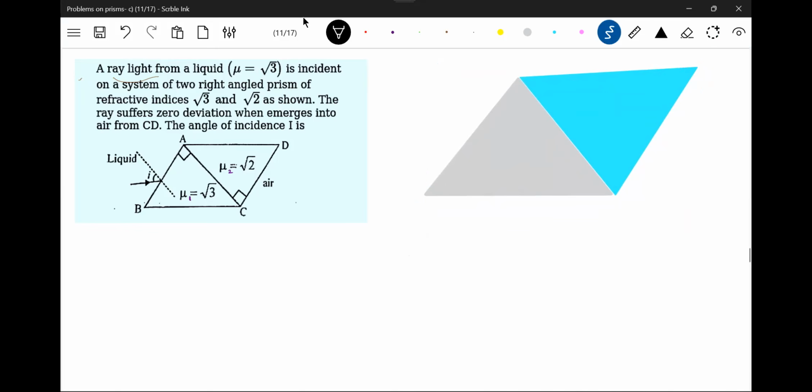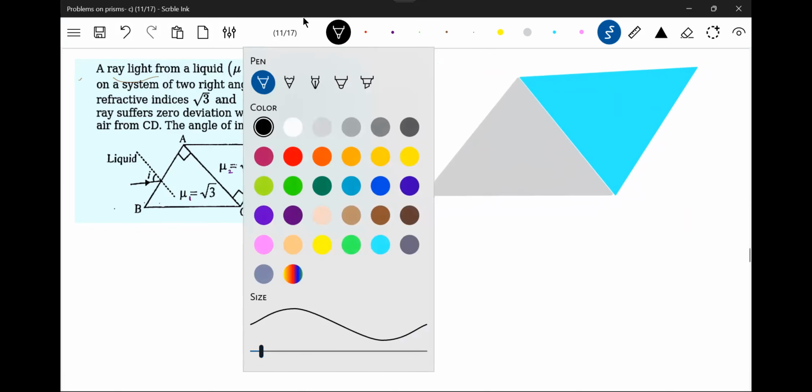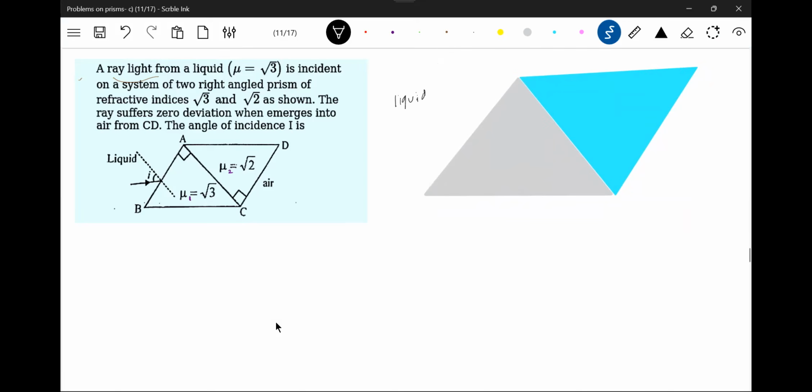We have here liquid, air, liquid, air. The refractive index of this is mu1 equal to root 3, and mu2 equal to root 2. This angle is 90 degrees.